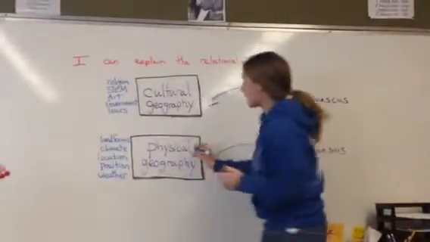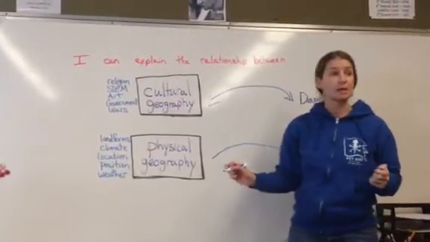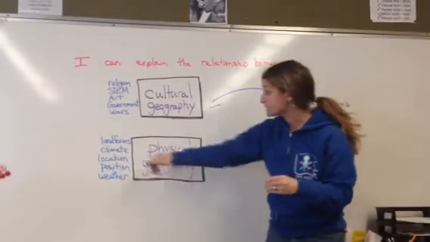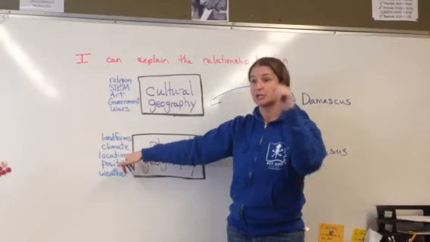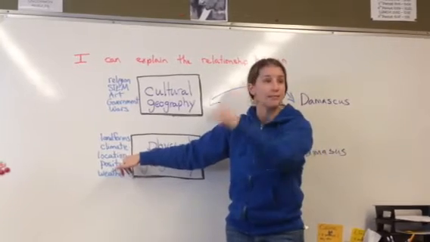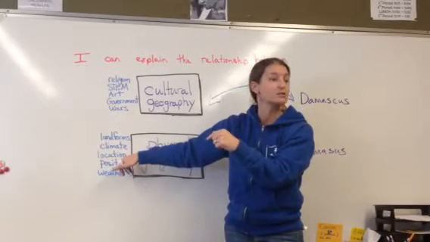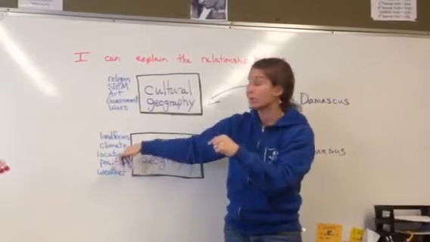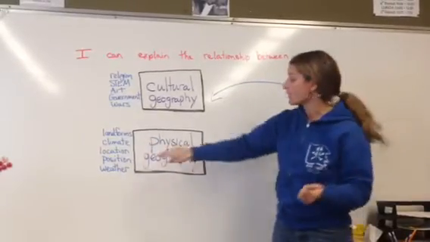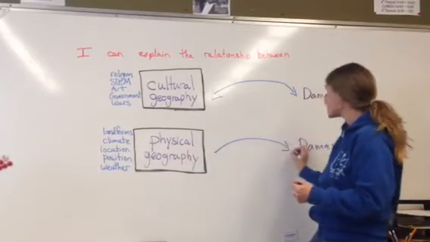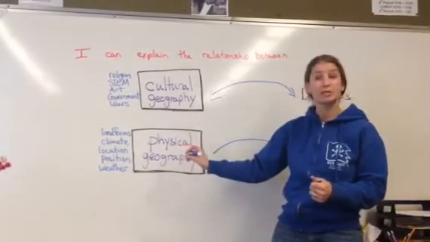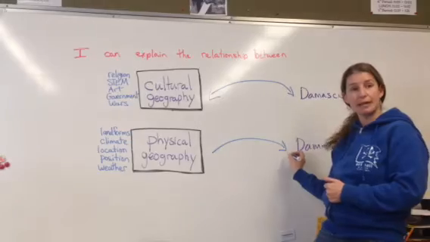Then when we look at physical geography in Damascus, well, Damascus is a city. It has a specific location and position. There's a reason they changed the capital from Mecca to Damascus. There had to be a strategic reason. That didn't happen randomly. So there's your paragraph on location and position and how it affected Damascus. Because of the location and position, Damascus became the capital.